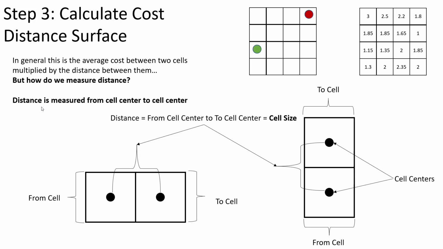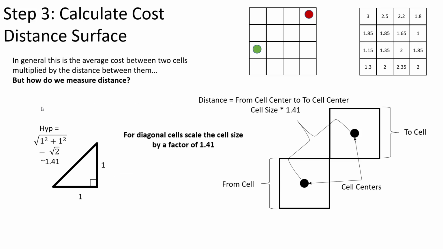But there's another type of adjacency, and that occurs when we have cells that are diagonally adjacent. Now we're still going to measure from the center to the center, but we're no longer dealing with horizontal or vertical, so we can't just use the cell size outright.